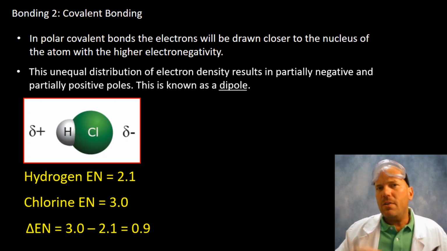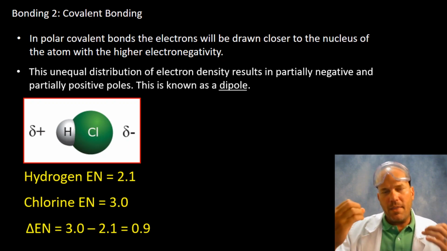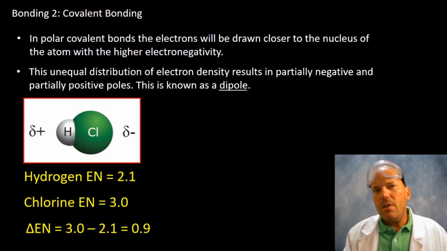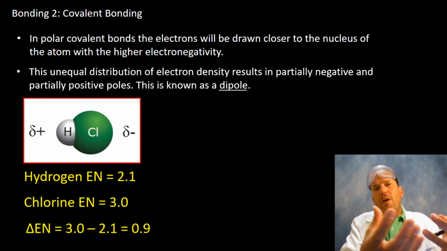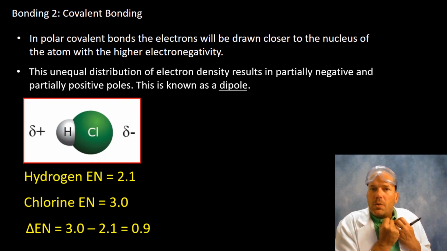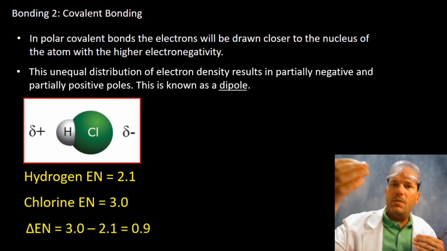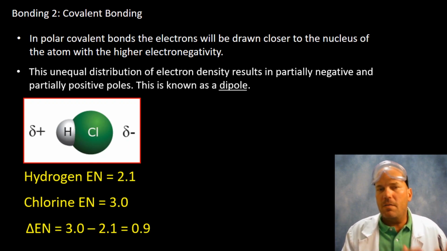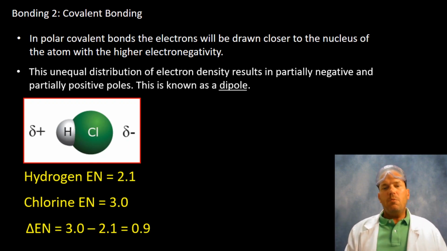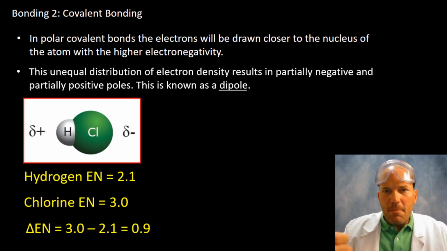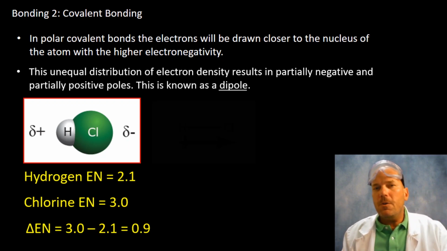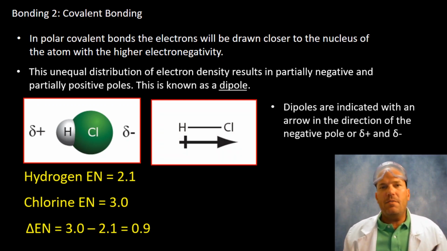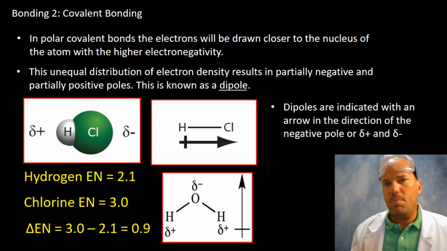Chlorine has a greater electronegativity value and therefore has a greater ability to attract shared electrons to itself when compared to hydrogen with its smaller value of electronegativity. So what we see is a dipole forming where the chlorine has more negative charge than the hydrogen pole.